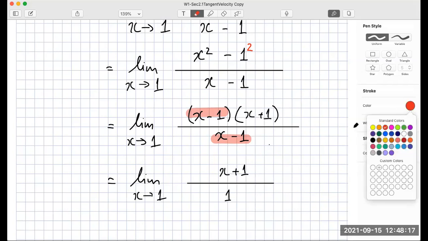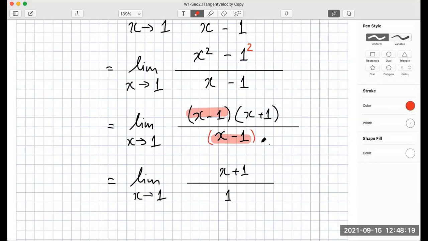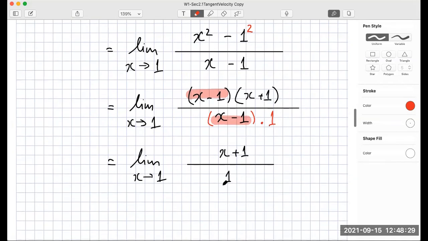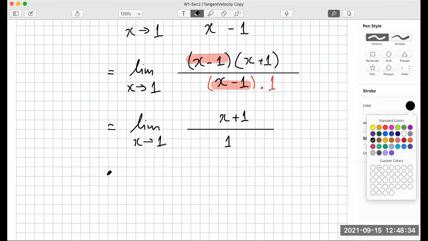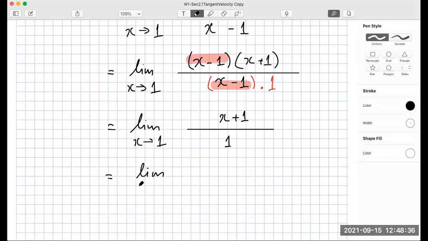I just want to write this step explicitly so that you won't be confused. This term, imagine, it is also x minus 1 times 1. They cancel, then the denominator has just 1. Therefore, you can write a simpler x plus 1, right?